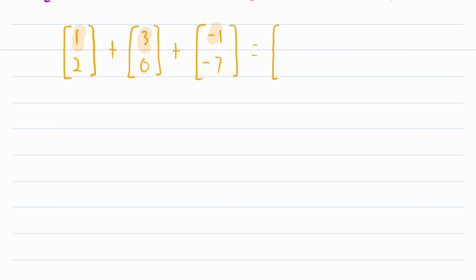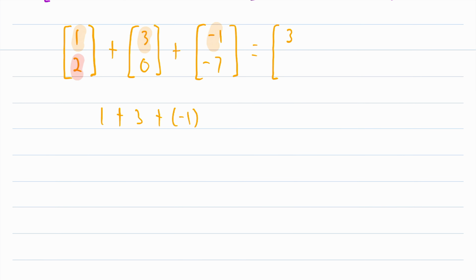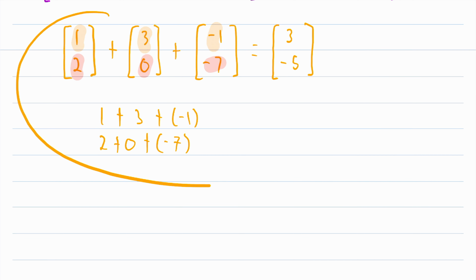Add together the corresponding entries. So we have 1 plus 3 plus -1. That's just going to be 3. We have 2 plus 0 plus -7, that's just going to be -5. And that's all there is to it.